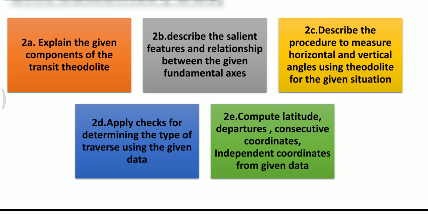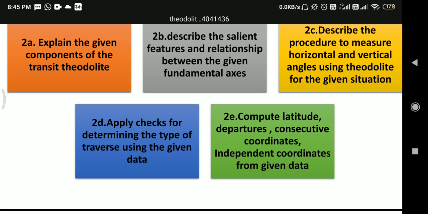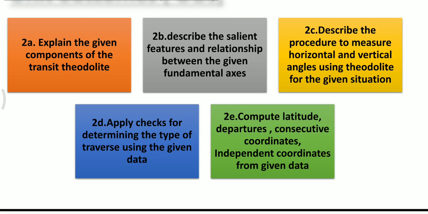As we know, there are mainly two types of traverse: open traverse and closed traverse. When the traverse survey is done with the help of theodolite, there are two checks, one for open traverse and second for closed traverse, applied for the correction of the traverse.